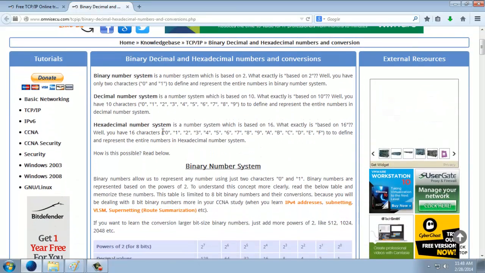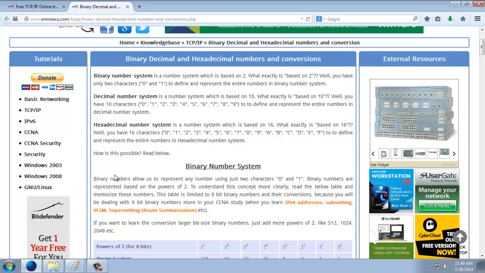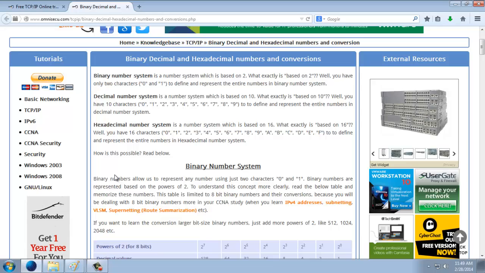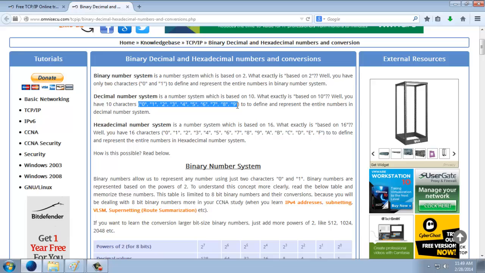So the binary system is a number system which is based on 2. Two means we have only 2 characters, 0 and 1. Using 0 and 1, we represent all numbers in the binary number system. In the decimal number system, we have 10 characters, 0 to 9, and we represent all numbers using these 10 characters.